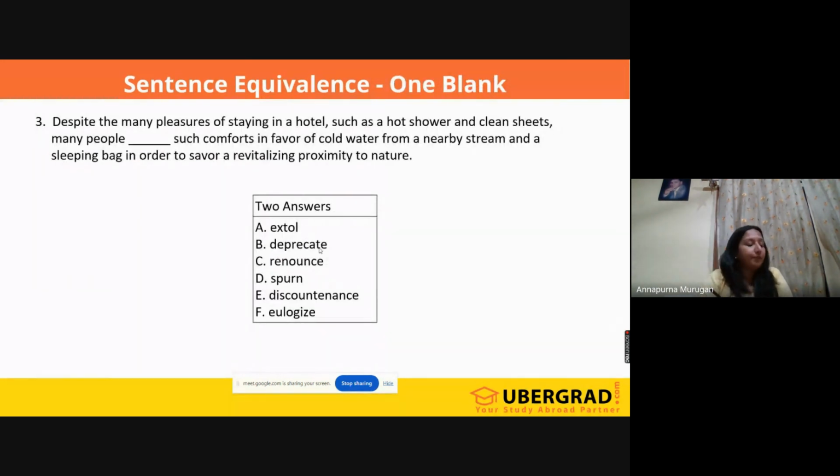So now, our main thing is how we analyze the question here, isn't it? Now, let us try to analyze this question. Despite the many pleasures of staying in a hotel, despite is there. Despite means two opposite ideas will be there.